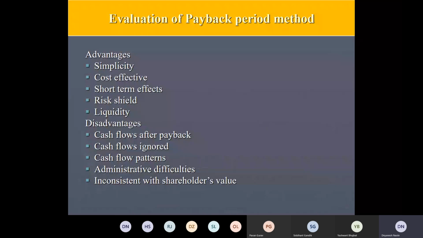Then the risk shield. Whenever we invest a good amount of money in any investment proposal, we are always uncertain about whether it is going to be successful or not. So the earlier it gives you your investment back, the better.